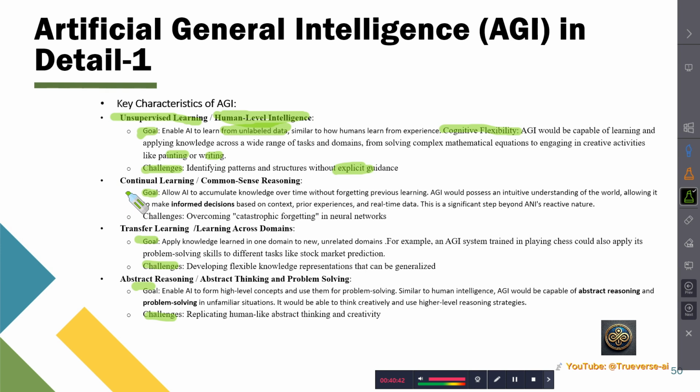Another is continual learning, common sense learning. That means it can accumulate knowledge over time without forgetting previous learning. What does it mean? For example, suppose one taxi driver has worked 20 years driving inside Seoul. He knows many places. Sometimes they don't use navigation.